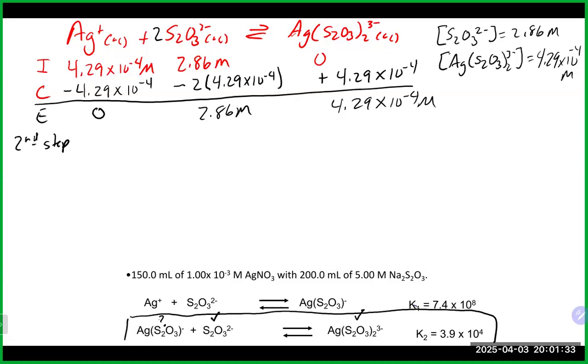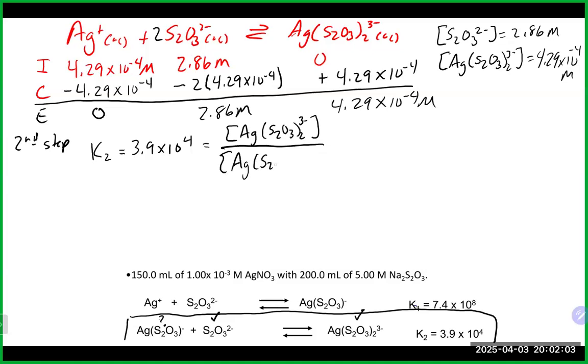And the second step would give me an equilibrium expression of K, I'll call it K2, is equal to 3.9 times 10 to the 4. And that equals our product, which is our complex ion, divided by this guy here, which is one of the things we are looking for, and our S2O3 2 minus.